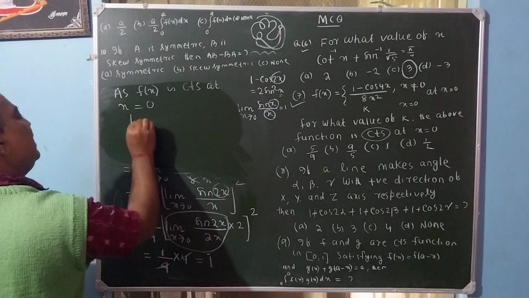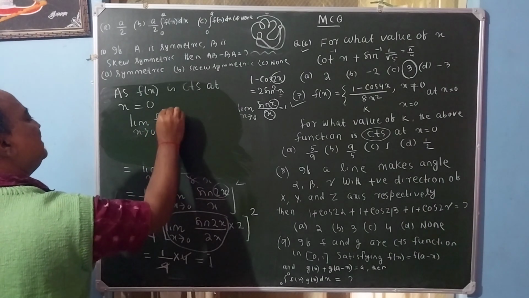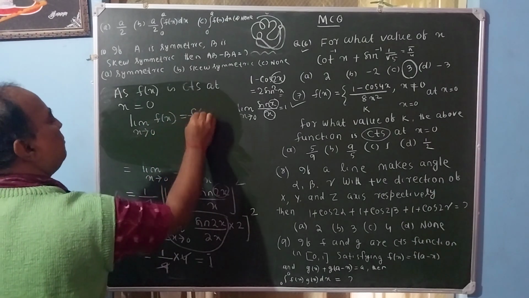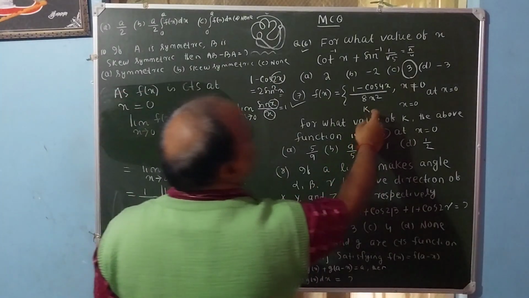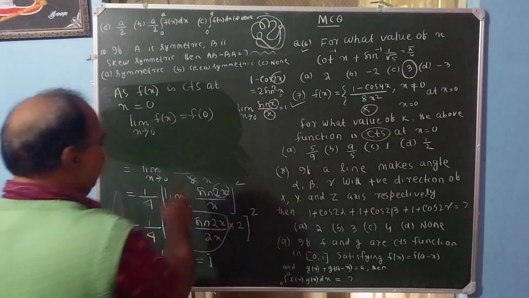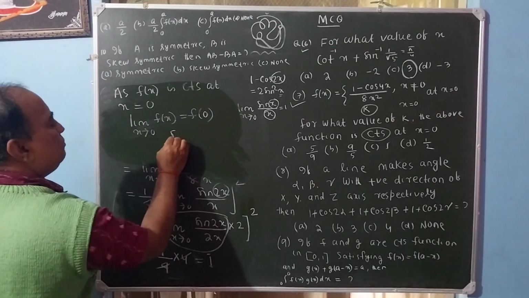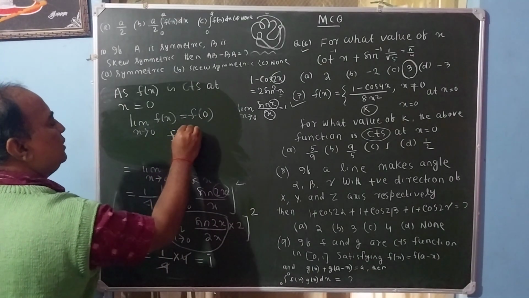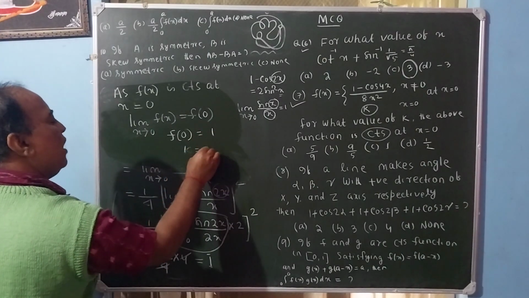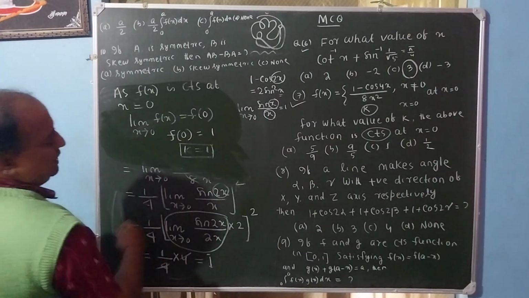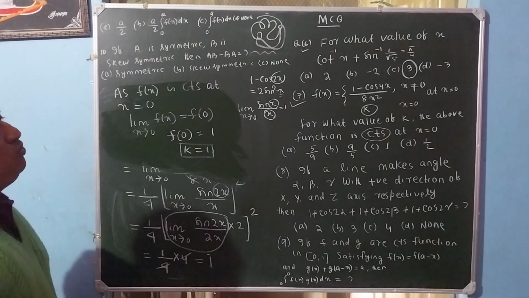So limit x tends to 0, f of x is equal to f of 0. Value of the function is k here. So the limit of the function is coming out 1. So f of 0 is equal to 1. That means k is equal to 1. The value of k is equal to 1.